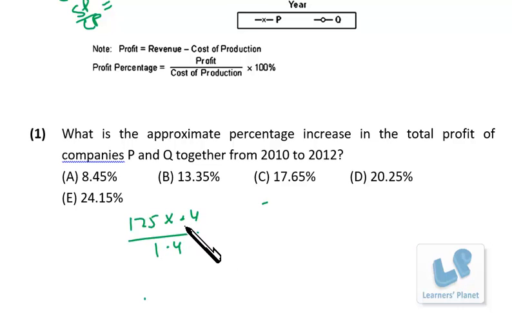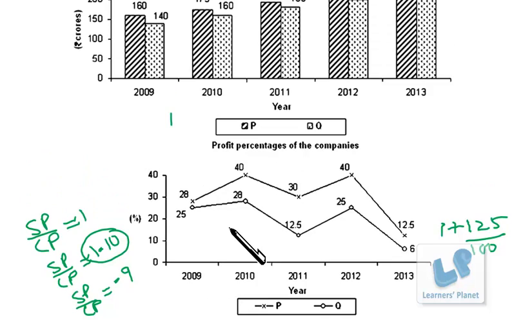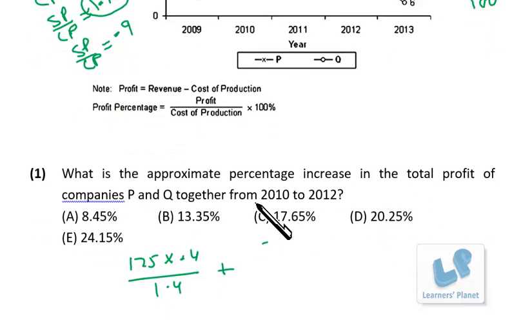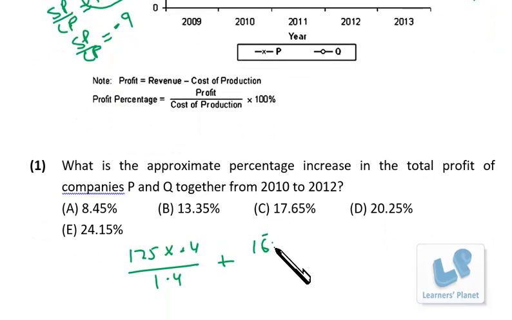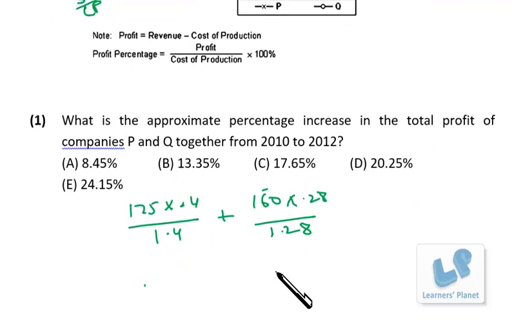That is the profit of company P for year 2010. Similarly for company Q, it will be 160 revenue and 28% profit, so 160 into 0.28 upon 1.28. So this is for P and Q year 2010.